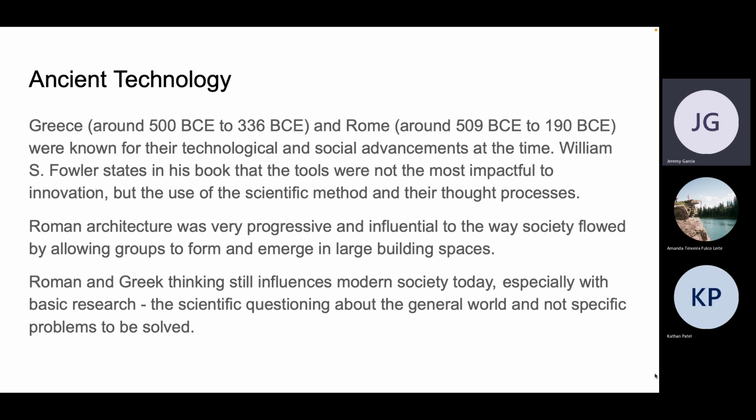Roman architecture was very progressive and influential to the way society flowed by allowing groups to form and emerge in large building spaces. Roman and Greek thinking still influence modern society today, especially with basic research, the scientific questioning about the general world and not specific problems to be solved.